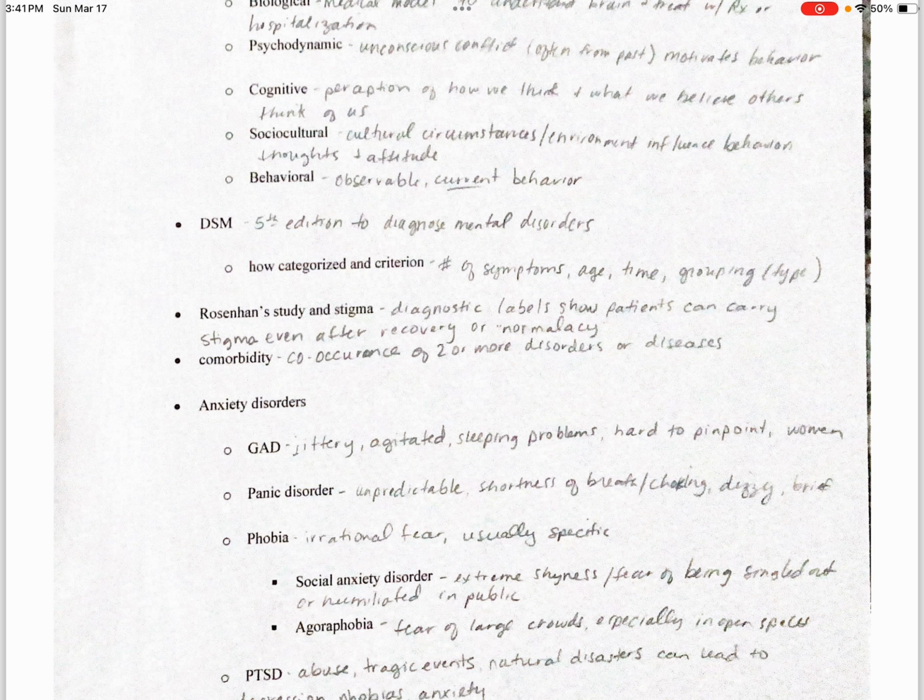Comorbidity. This is when there's a co-occurrence of two or more disorders or diseases. If you are a practitioner or involved in any way in clinical psychology, understanding how mental disorders or diseases affect one another is really important to understand how to balance patient care.